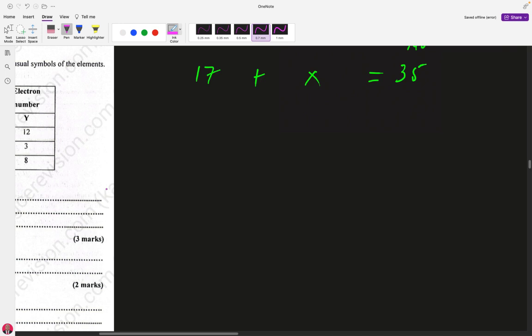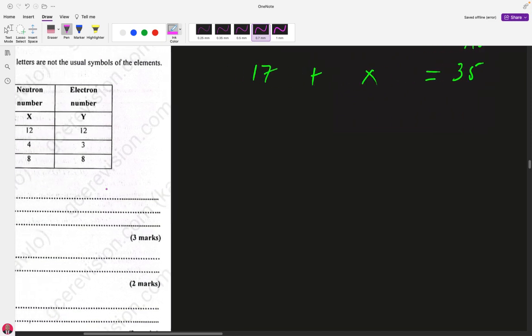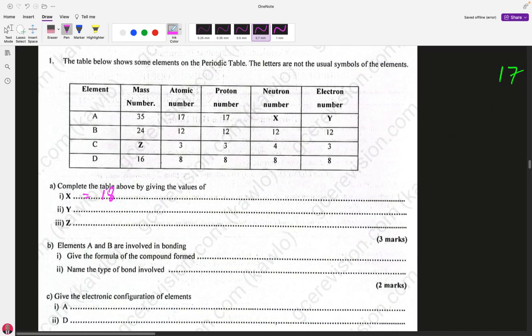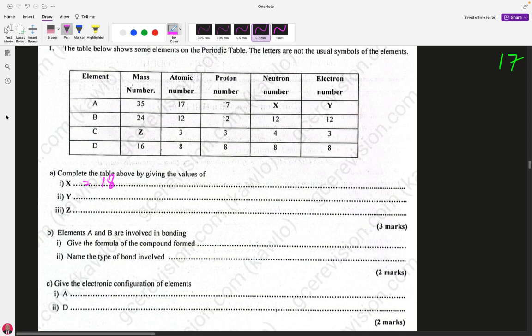Protons are positively charged. Electrons are negatively charged. So when 17 positive protons and 17 negative electrons meet, what happens? It's a neutral atom. So the number of electrons is 17. Y is equal to 17.